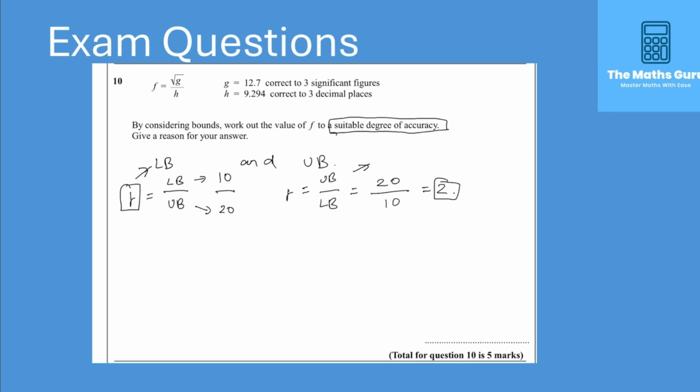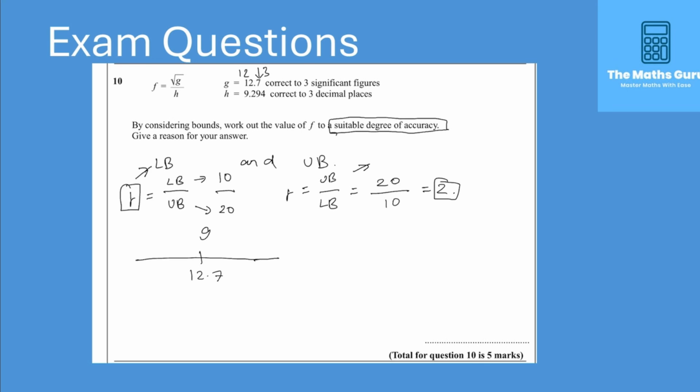So we're going to have to first consider our bounds for g. Looking at g, we're told that 12.7 is rounded to 3 significant figures. So we have to look at the third figure in this case. That's going to be 1, 2, and 3. 7 is going to be our third significant figure.